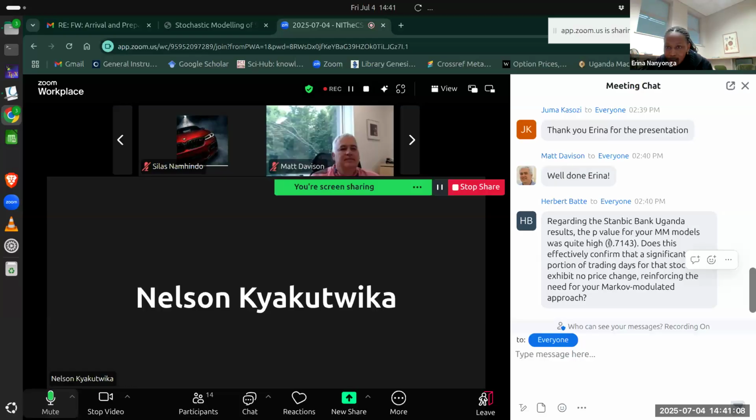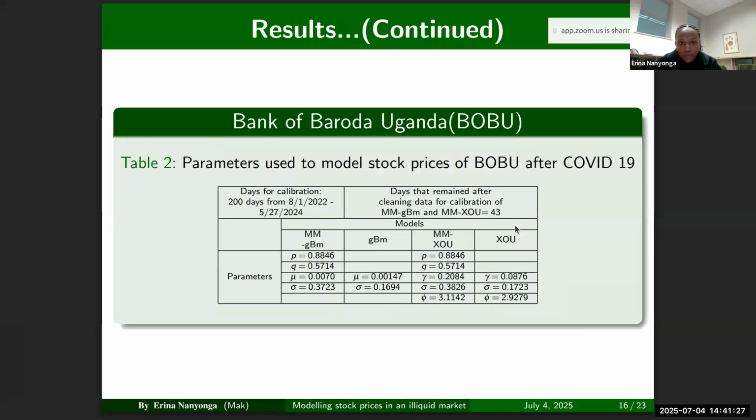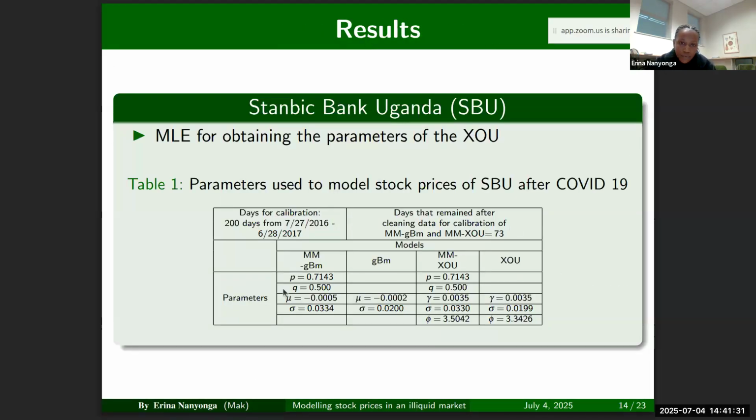Regarding the Stanbic Bank Uganda results, yes, I think that's the way he is putting it. The p-value being very high implies that the probability of the stock prices being the same for consecutive days is high.